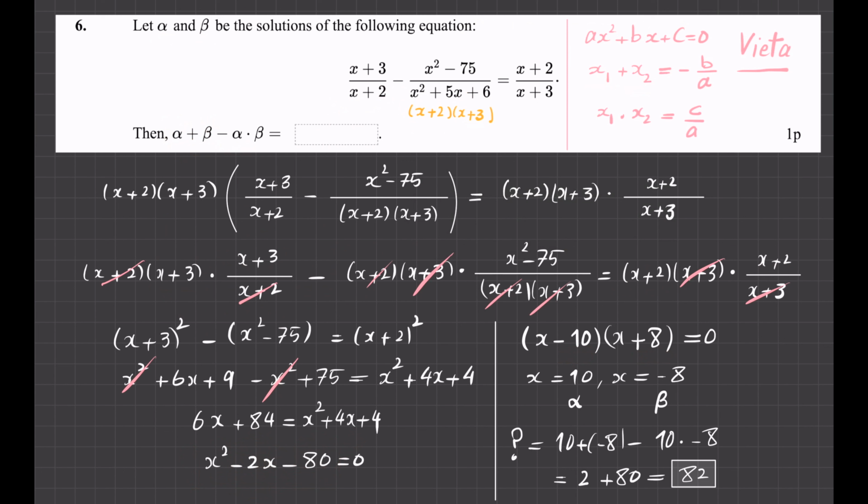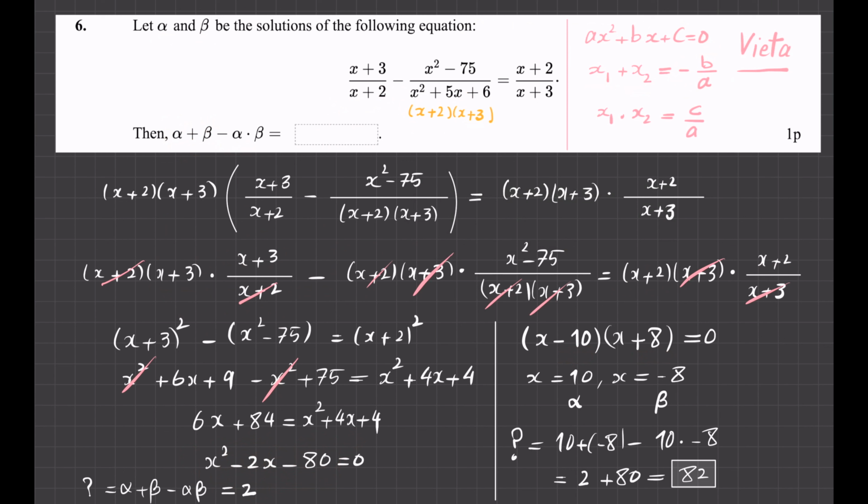Here, for example, the question mark is what is alpha plus beta minus alpha beta. Okay? But what is alpha plus beta? Alpha plus beta is the sum of the roots. So according to Vieta formula, it is minus b. b itself is minus 2, so it becomes minus 2 over 1, which is 2.